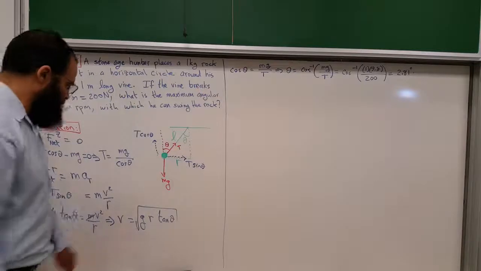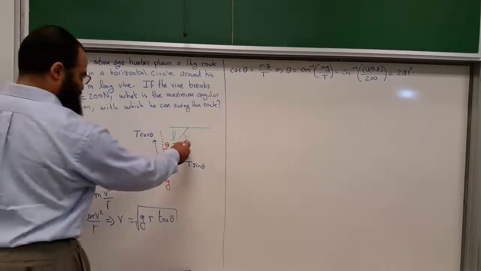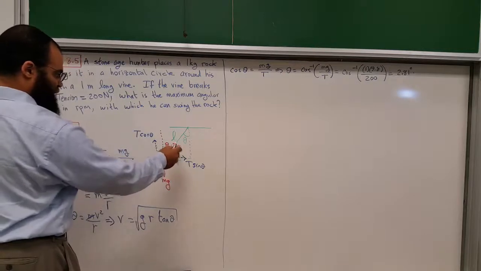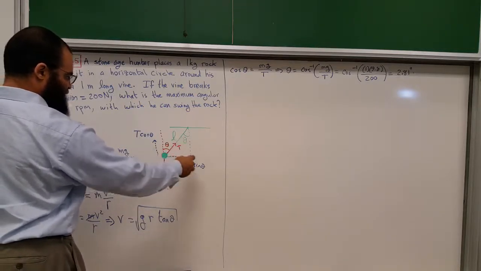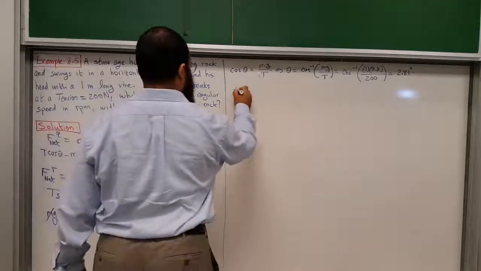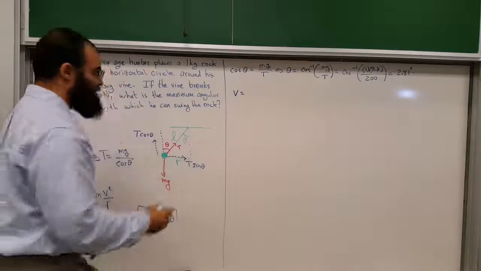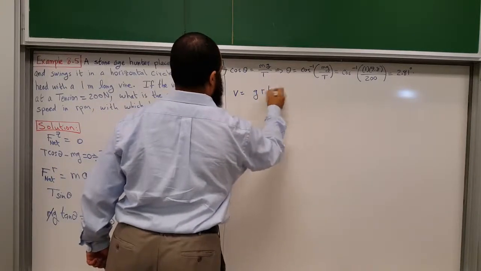So what is R? Well, if theta is 2.8, then R will be the length of the string times the sine of theta. So V will be, let me rewrite this, the square root of g times R times the tangent of theta.